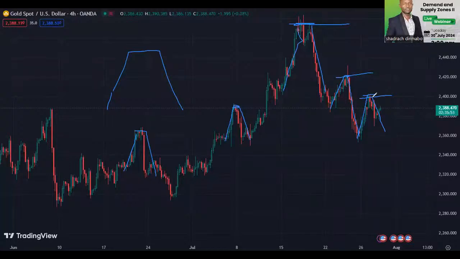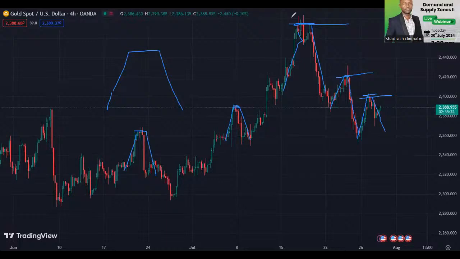So it is quite easy to identify. Why is it a supply zone? We have the supply zone formation: rally base drop. So these are supply zones. Very easy.